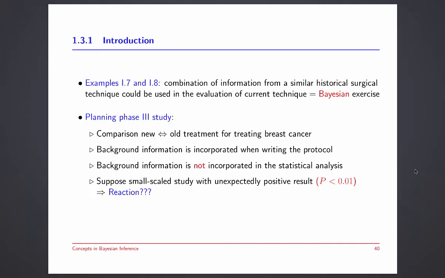For example, when a small-scale clinical trial leads to an unexpected positive result, for instance, a p-value smaller than 0.01 in favor of the new treatment, the company will be very happy. If, however, in the past, none of such similar drugs had resulted in a large effect, then we would probably be much more cautious after looking at these results.